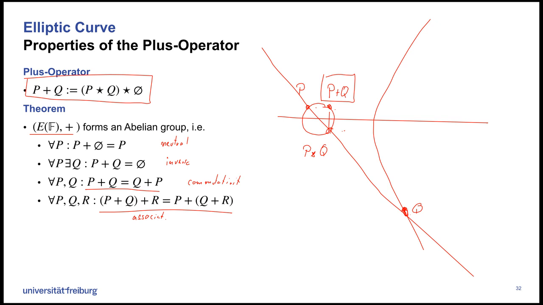If I take P plus the neutral element, probably the infinity, we don't know yet, then this is defined as P star infinity. So what happens if I do P star infinity, what do we get?